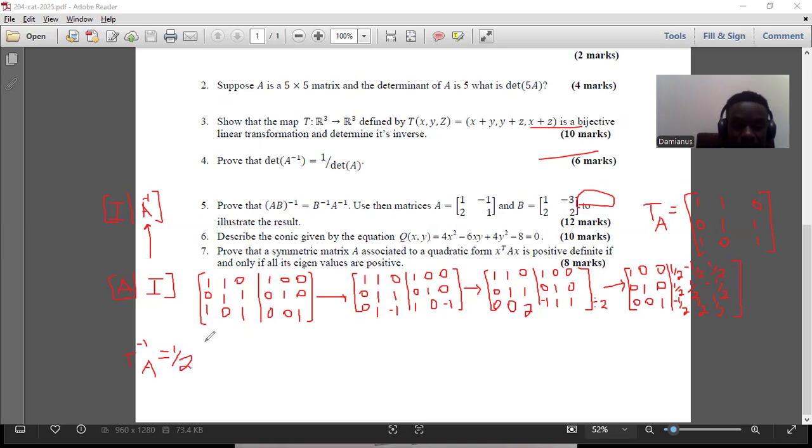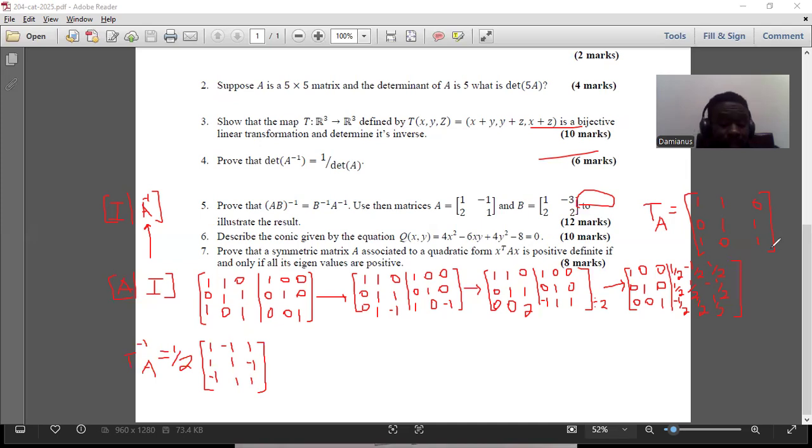If you pull out a half, you get 1, minus 1, 1. Then you get 1, 1, minus 1. And then you get minus 1, 1, 1. So now this is the inverse of this matrix.